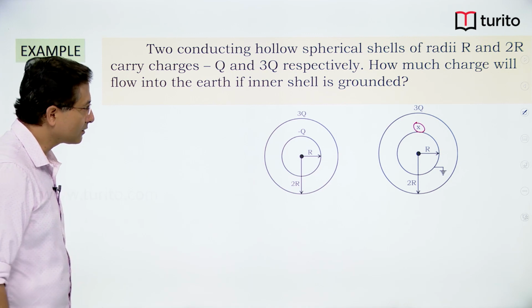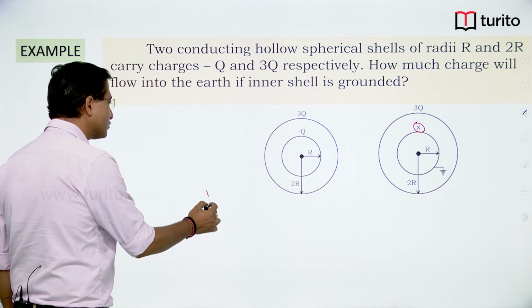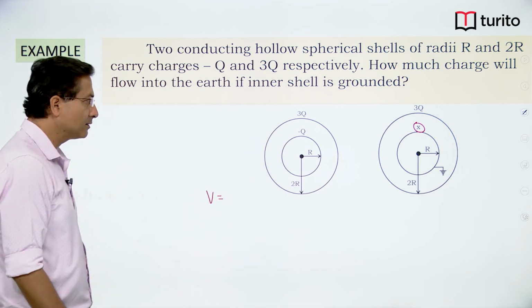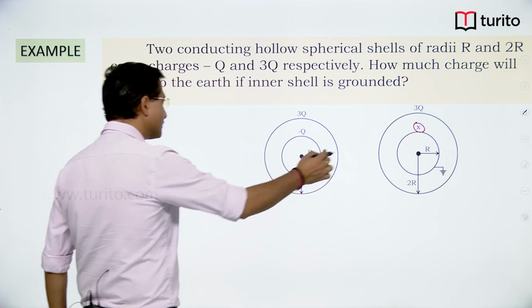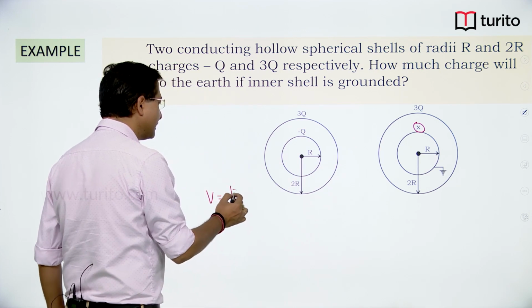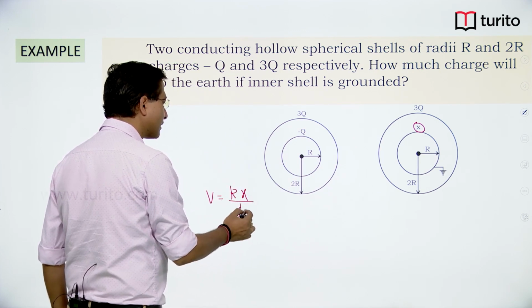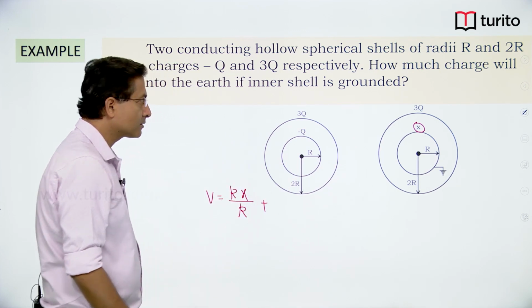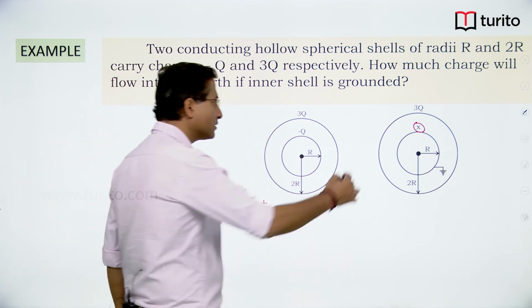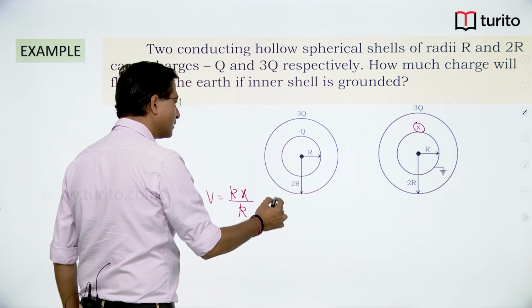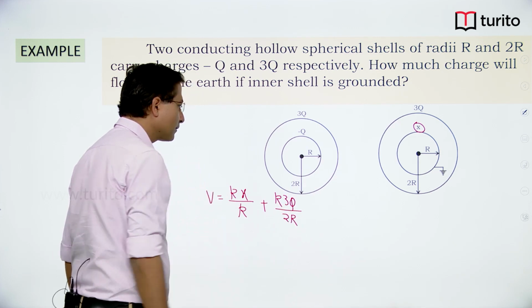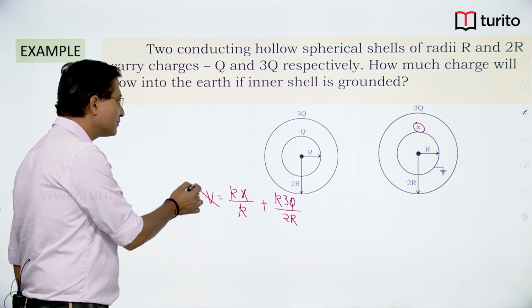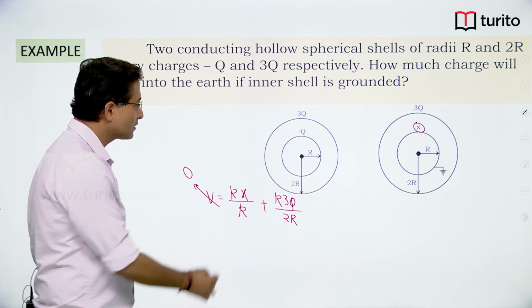Let us write the equation. So, the inner one's potential has to be 0. I have to write the potential on the inner one and equate it to 0. Because of its own charge it will be kx divided by r, plus, because of the outer charge, k 3q divided by 2r, and if that becomes 0, this is r, right.